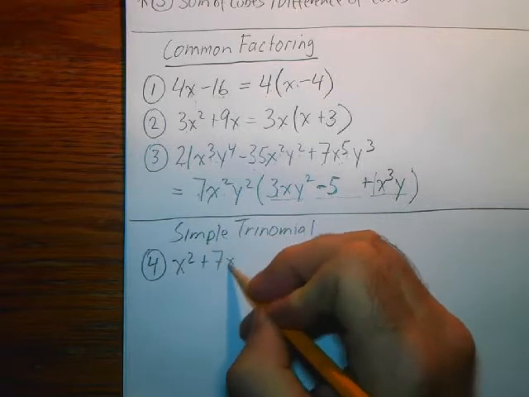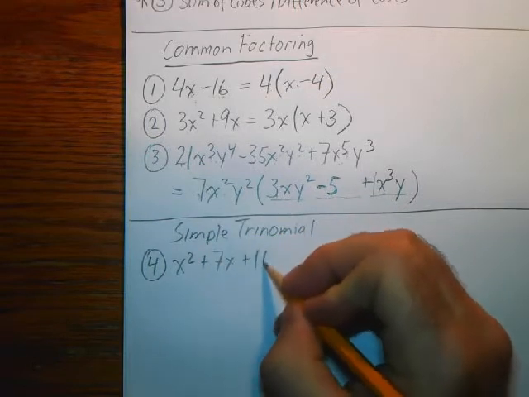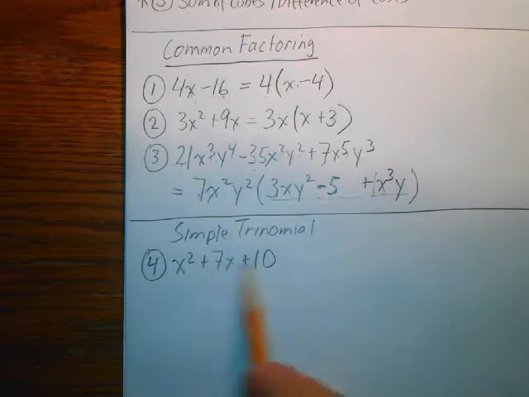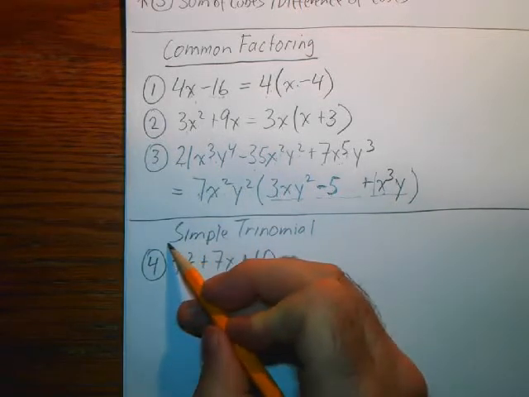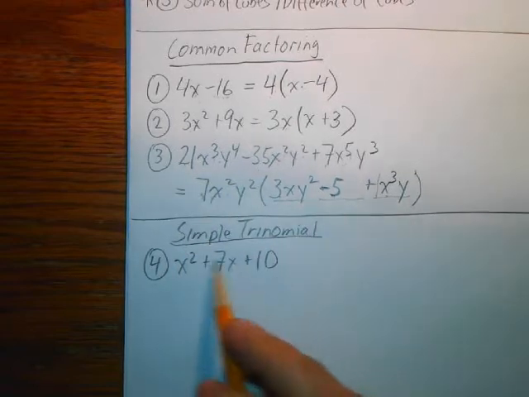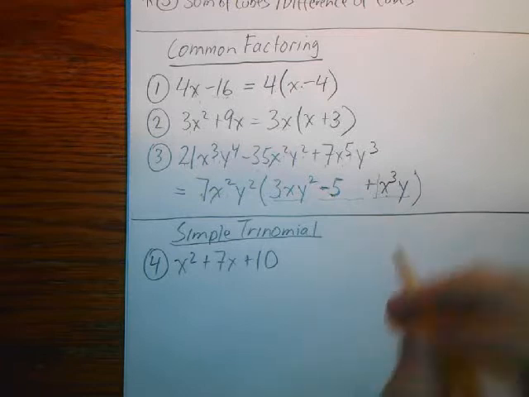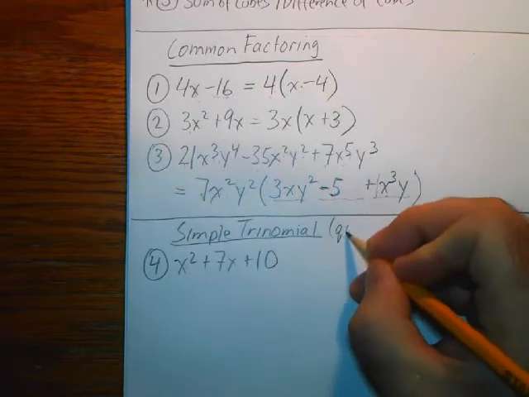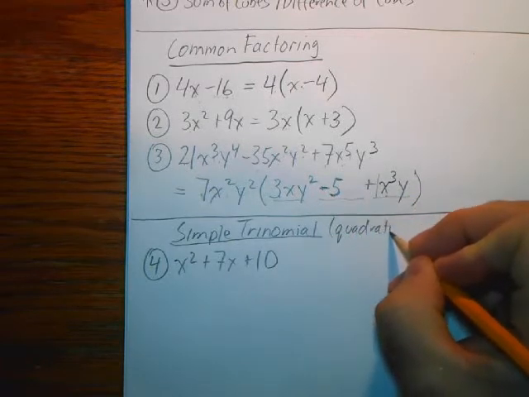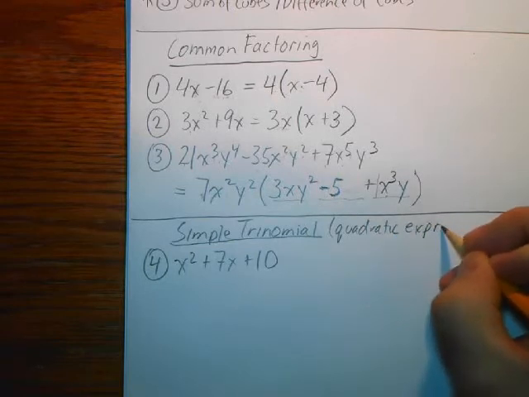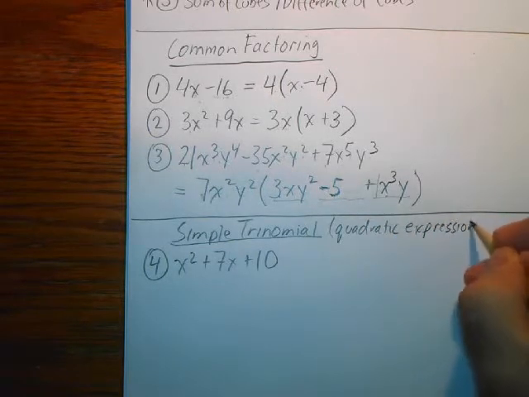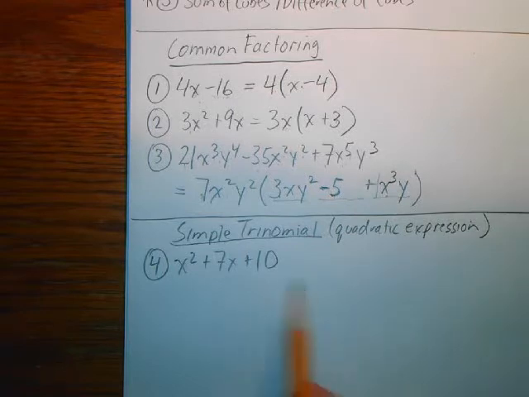So here is our first trinomial that we're going to factor. And you can agree it's a trinomial, but you can't do this type of factoring for all trinomials. Just because there's 3 terms doesn't mean this works. It's really a quadratic expression you have to be working with. We didn't really know what that was when we learned how to do this type of factoring in grade 10.